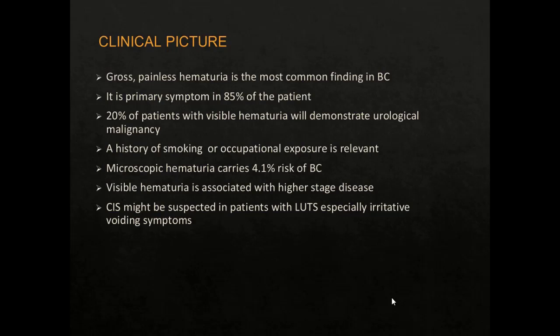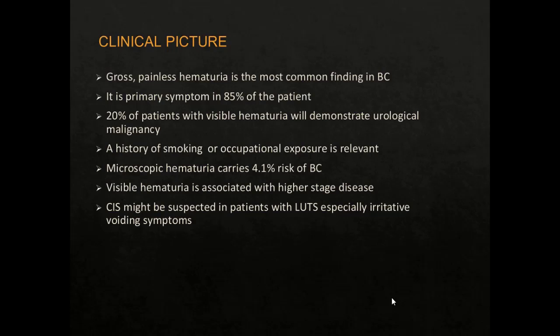Some patients will present to you with microscopic hematuria, and 4.1% of those are at risk of bladder carcinoma. Visible hematuria is associated with high stage of the disease. Patients with carcinoma in situ usually do not present with gross hematuria.